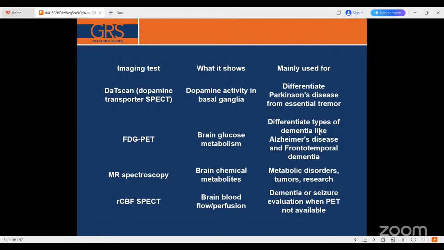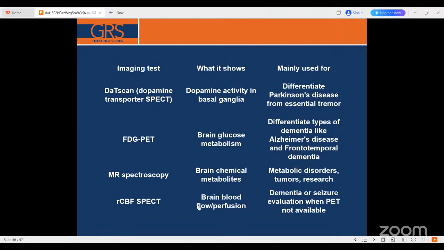This differentiates all types of dementia, like Alzheimer's or frontotemporal dementia. Then we have MR spectroscopy for brain chemistry and metabolism, metabolic disorders and tumors, and it is most likely used in research. And CBF SPECT, brain blood flow perfusion. It differentiates dementia or is used for seizure evaluation when PET scan is not available.